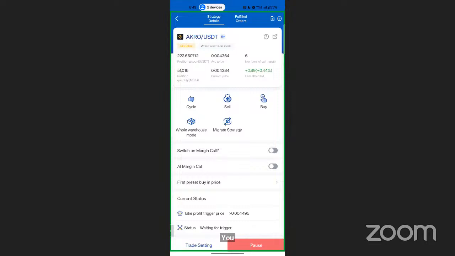So if you have a coin you are trading and you still want to continue to enjoy this coin, you can always take off some profit in bits. If you have understood that, give me a 2 in the chat. If it's still in the whole warehouse mode, I like the whole warehouse mode so much, especially now that coins are doing well. For example, the coin is giving you 50%.